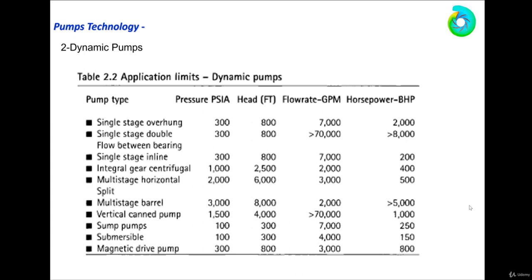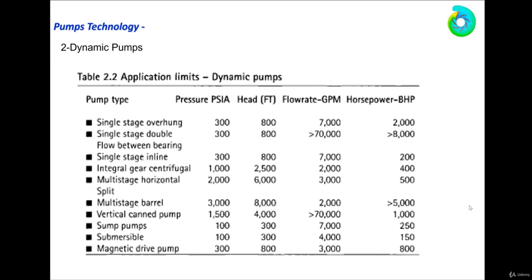And the multi-stage horizontal split pump gives you more head and more or less the same flow, or less. Multi-stage means that you can install 1 to 3 stages up to 17 stages, so you can get 10 times the head produced from the single stage.